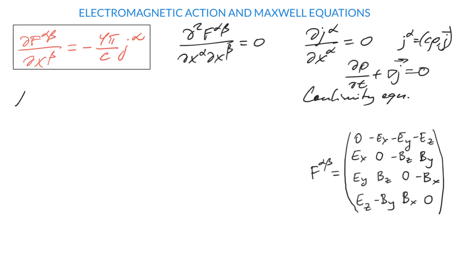So for alpha equals 0, the first term is beta equals 0. That is 0 because this piece is 0. And then we have 3 terms with beta equal 1, 2, 3. And the f components are minus ex, ey, and ez. And they are differentiated with respect to x, y, and z.